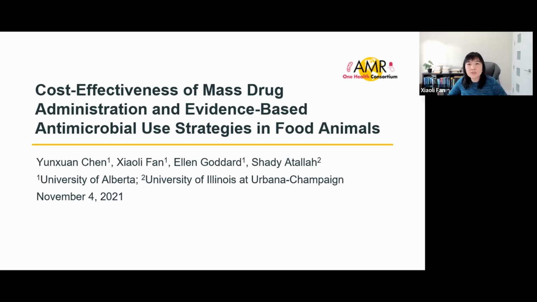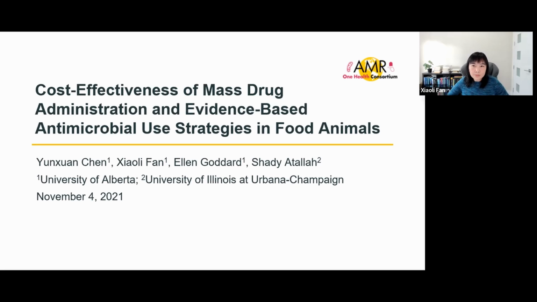For those of you who are not familiar with the name antimicrobial, probably you have heard of antibiotic. There's a little bit of difference between those two. Generally, antibiotics are the substances that are naturally produced by microorganisms, and antimicrobials include both synthetic ones and the naturally produced ones. But in a lot of cases, people use those two interchangeably.